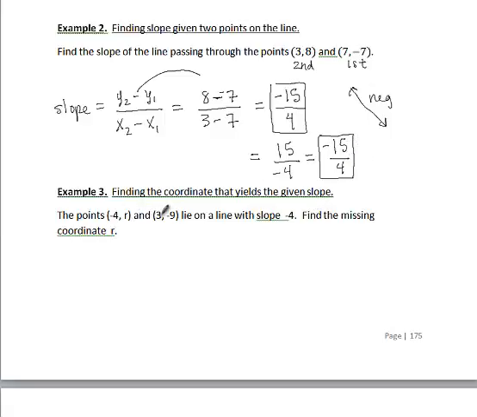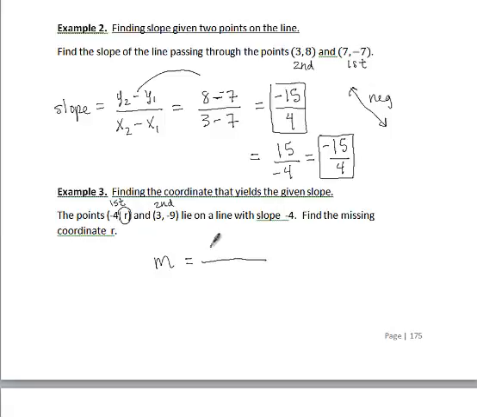Alright, so let's see. Finding the coordinate that yields the given slope. We have points negative 4 and r, so we're missing the y coordinate of this first point, and I'll call that the first and this the second. So slope m.